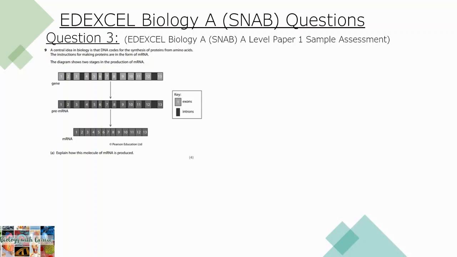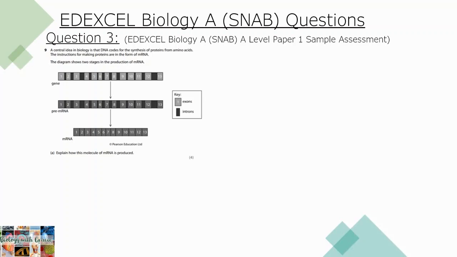So of course we know that we're going to start with transcription. So the DNA unzips, and then one strand acts as a template, and then RNA nucleotides pair up with the complementary bases on the gene, on the template strand, sorry.